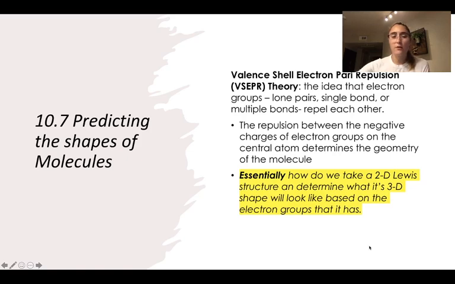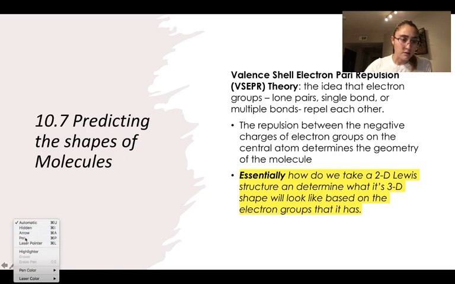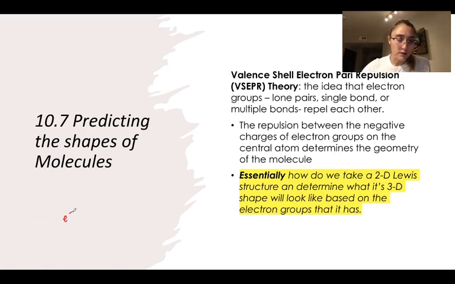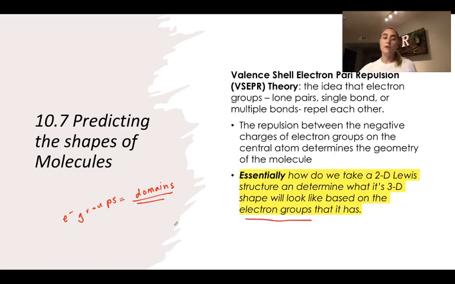Another term you might hear for electron groups, and let me get a pen going here, are things called domains. So electron groups can also be called domains. And in fact, on your homework assignment, it's going to reference what domains are on the POGL. Domains are the same thing as electron groups. And I'll keep referencing back to this, but by the time you do the homework assignment, you should understand that those terms are synonymous with each other.